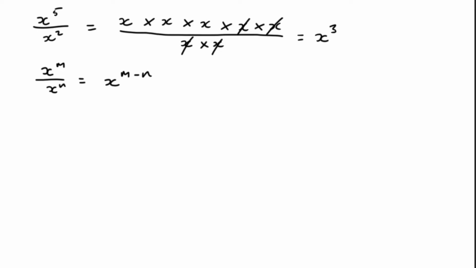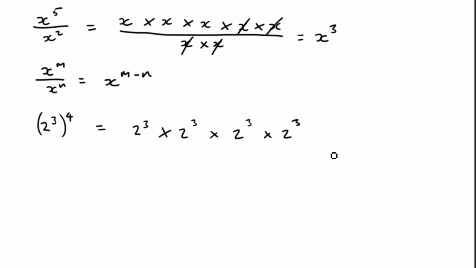We'll illustrate our next law by looking at some numbers again. Suppose we had 2 cubed to the power of 4. That means we have got one lot of 2 cubed multiplied by another lot of 2 cubed multiplied by another lot of 2 cubed multiplied by another lot of 2 cubed.